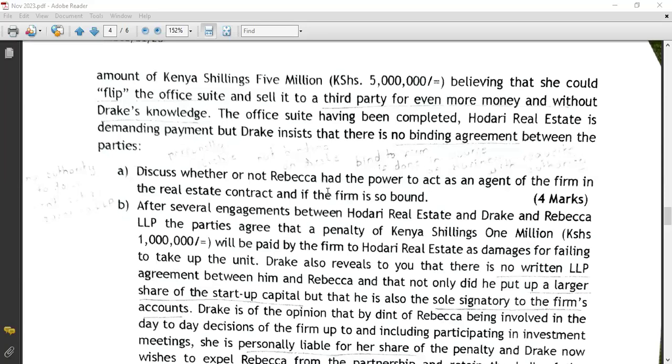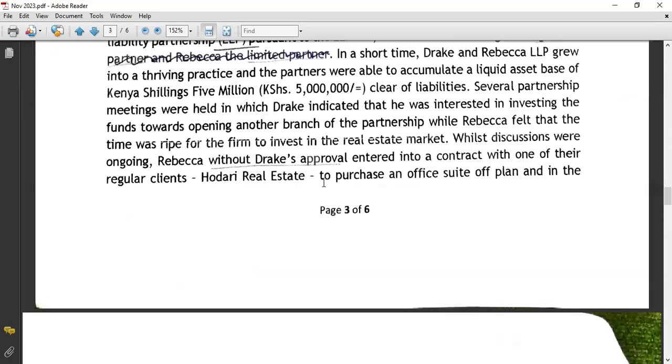So as to whether Rebecca had the power, that information will be in the partnership deed that would determine the process of decision making.